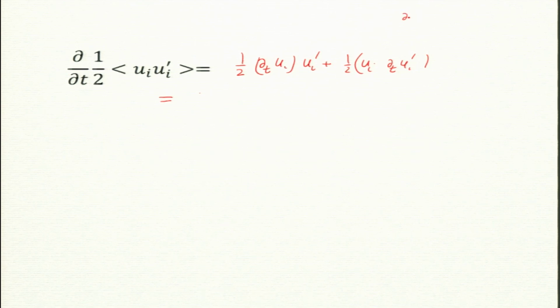It is minus del_j uj ui, right? That is the nonlinear term. This is of course the pressure term and so on. So, the first term is that with a minus sign.